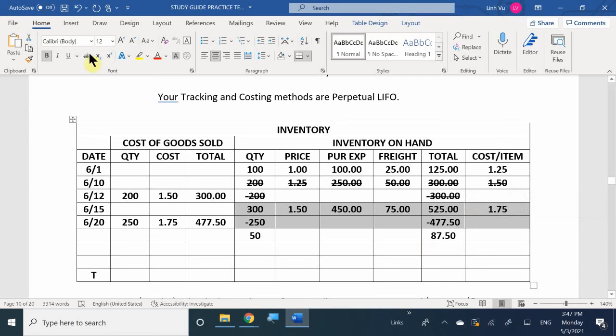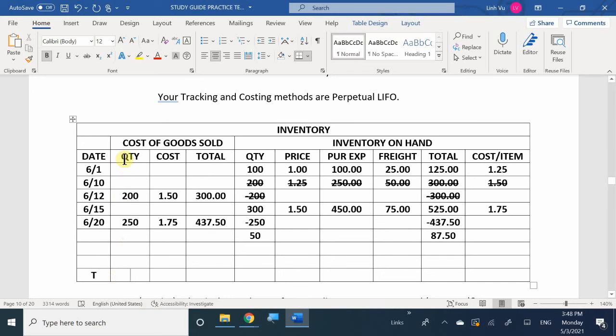Okay, so here we've got to correct this. So 437.50. Then how much should I have remaining? 87.50 is correct. Okay.